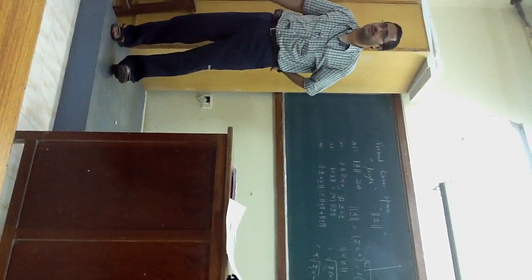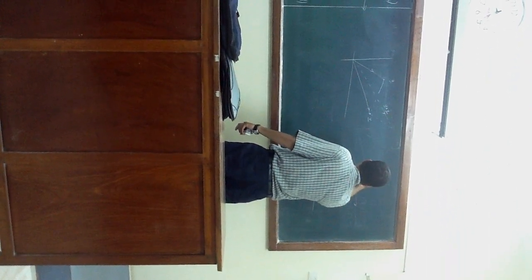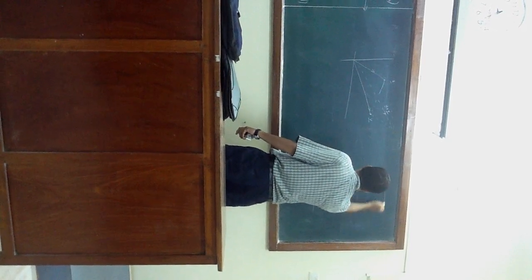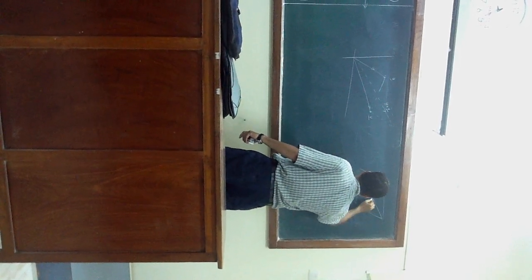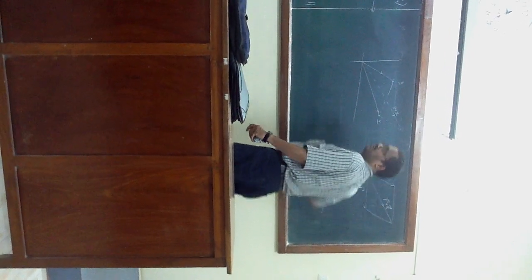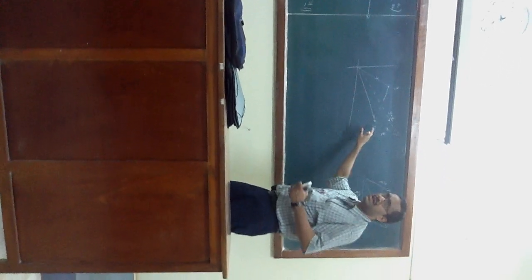If you are clear in 10 plus 2 physics and math, this math course is easy. In 10 plus 2 physics, what have we seen? The parallelogram law of vectors, P plus Q, so here U plus V. This length is norm V, and this is U, because this is a parallelogram, so this side is equal to this side.